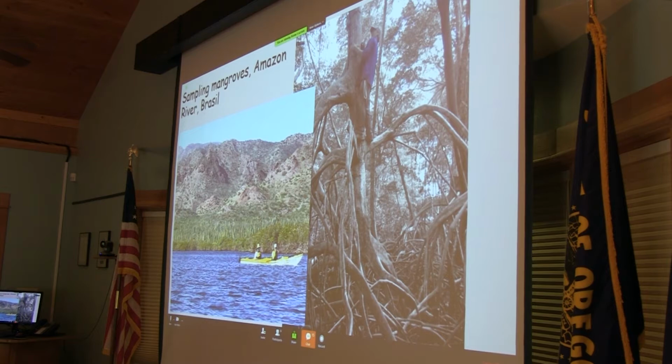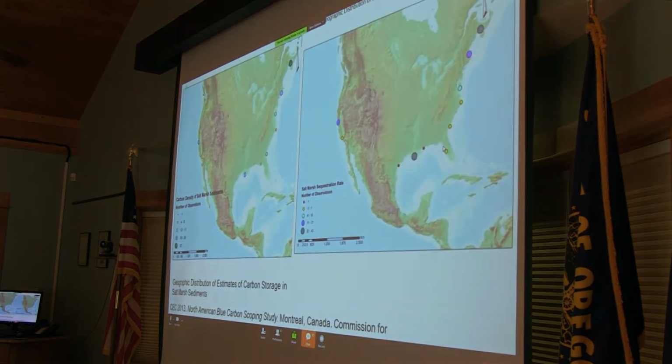If you look at the study, you can see how many estimates of carbon storage as of about 2011, 2012 have been made, probably nothing in the Northwest at this point in time, certainly motivating us to begin to contribute to the database of blue carbon in these ecosystems.